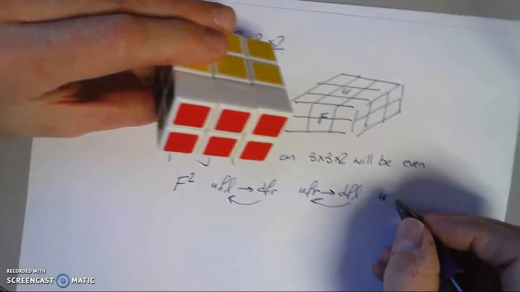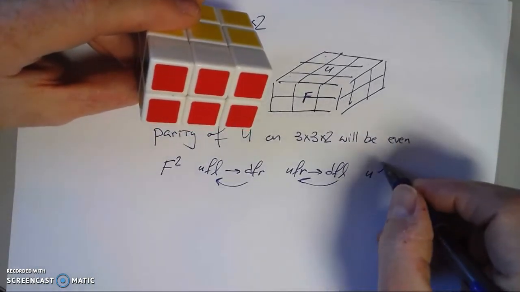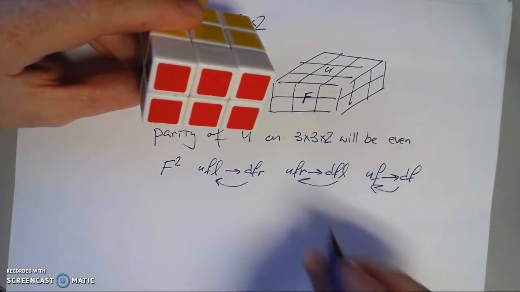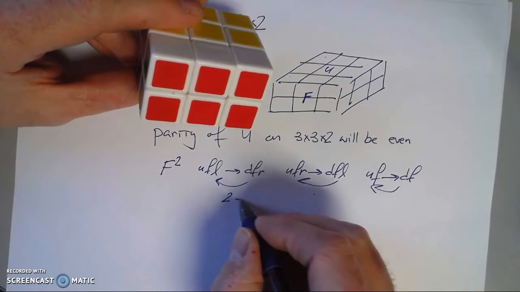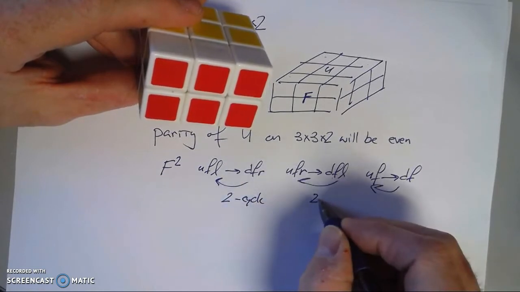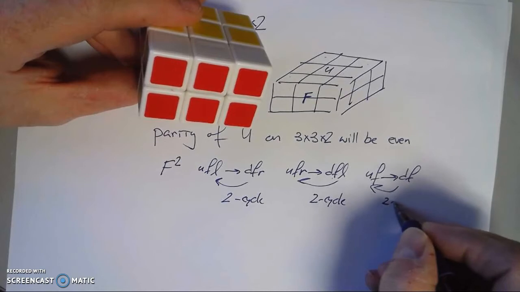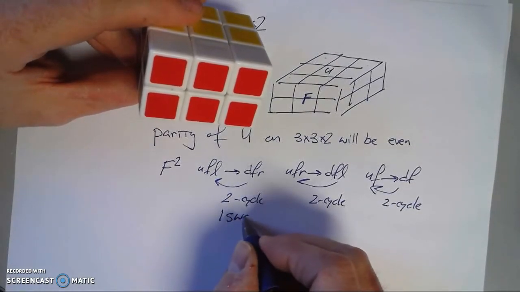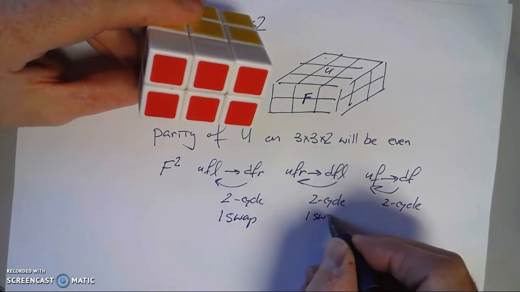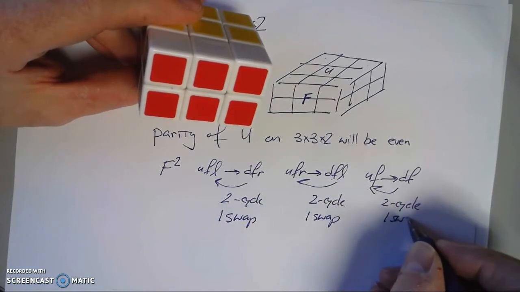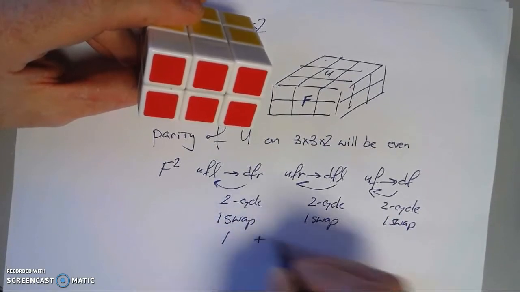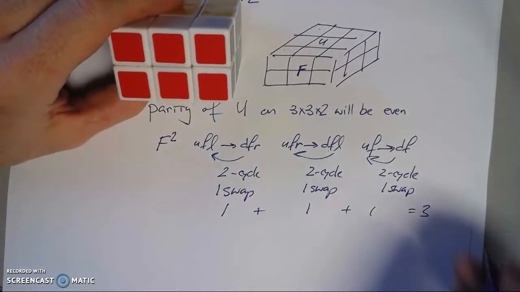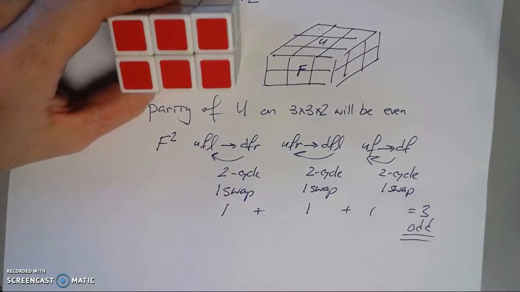Up, front, goes down, front. 2 cycle, 2 cycle, 2 cycle, 2 cycle, 2 cycle. So that is a literal single swap. So 1 plus 1 plus 1 equals 3. Aren't you glad you learned that? Which is an odd number.